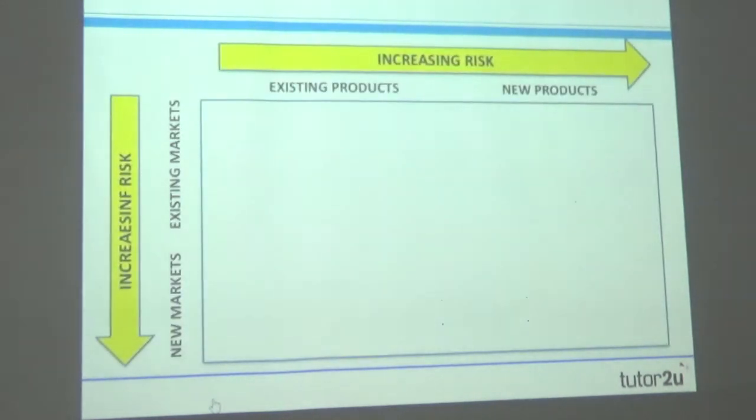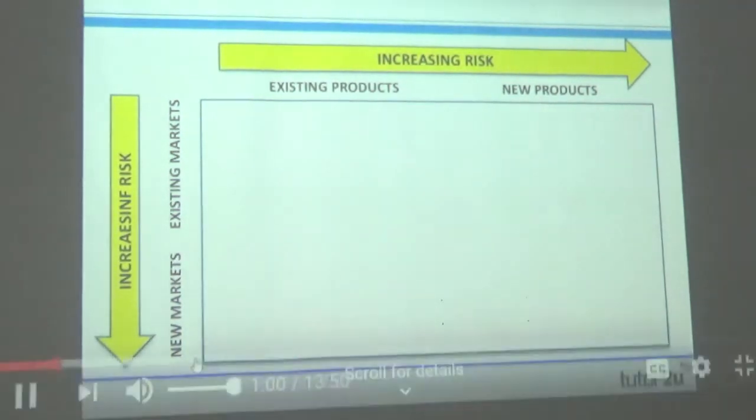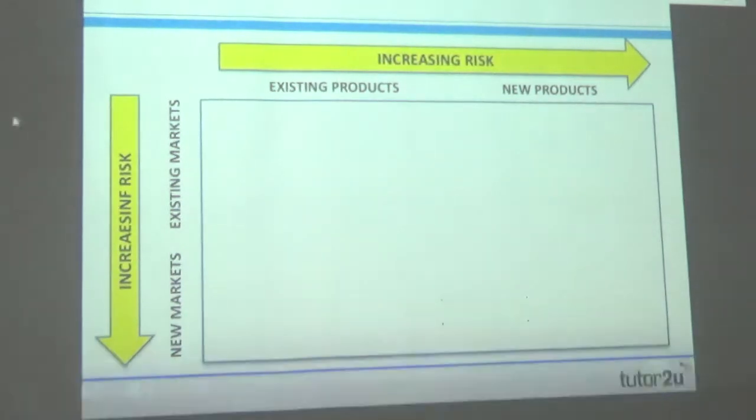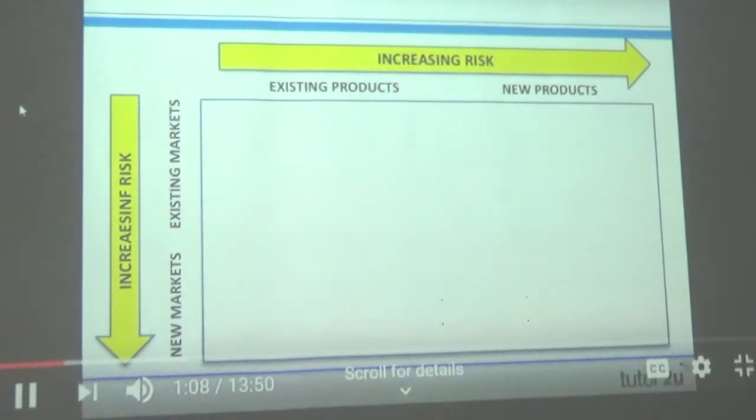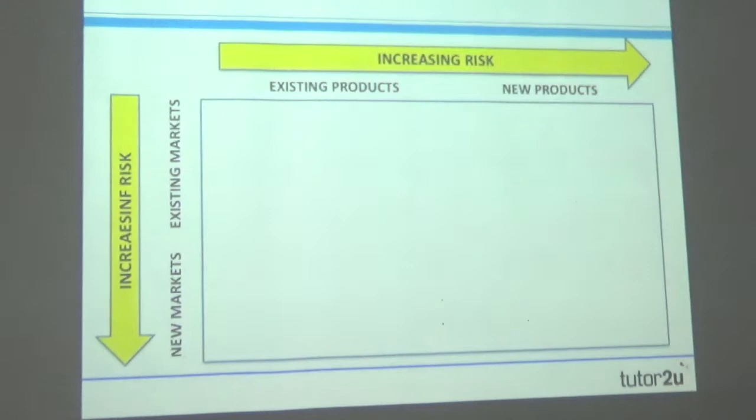So as you draw your grid and look at the 4 options, which we're going to go through briefly, it's important to remember that this is all about choice. Business strategy is all about choice. So the 2 dimensions I mentioned, products and markets, but look at the yellow arrows there, because what's often forgotten about the Ansoff matrix is that as you move from the top left-hand corner, the choices a business makes in terms of its growth strategy usually involve increasing degrees of risk.